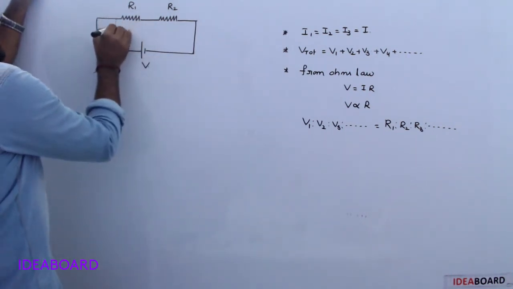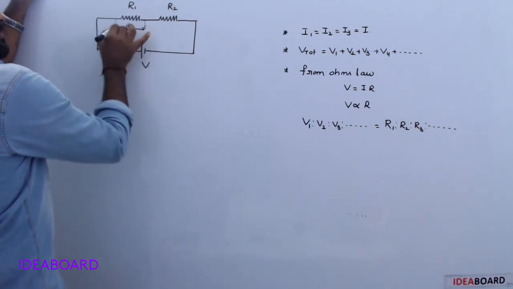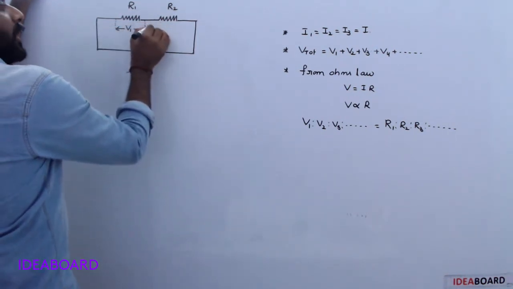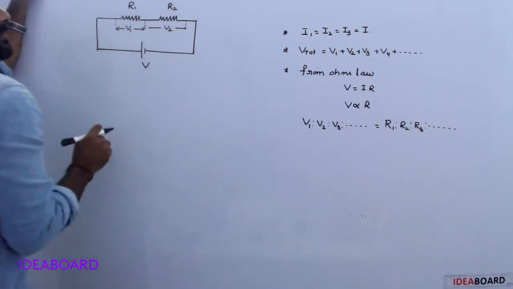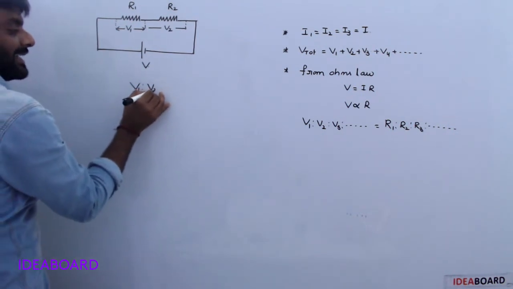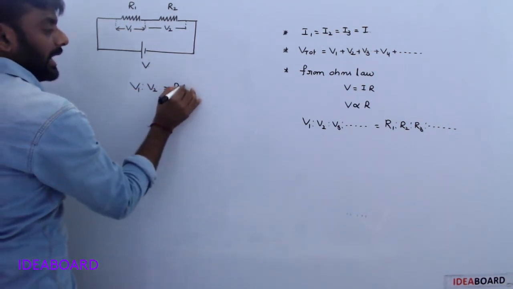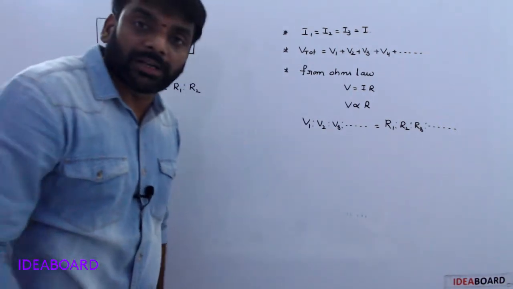The potential drop in this one is V1, and in this one is V2. You write V1 is to V2 equal to R1 is to R2.